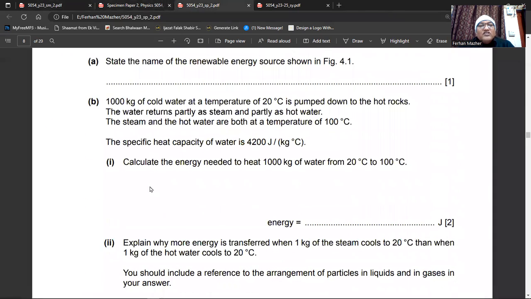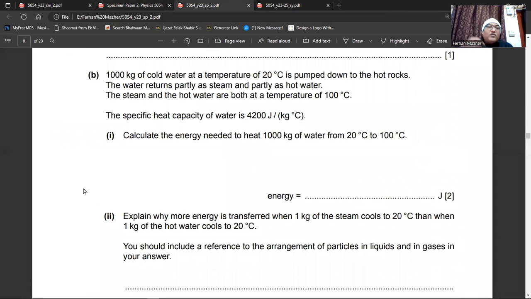Then question number 4, part B. It says 100 kg of cold water at a temperature of 20 degrees centigrade is pumped down to the hot rocks. The water returns partly as steam and partly as hot water. The steam and the hot water are both at a temperature of 100 degrees centigrade.